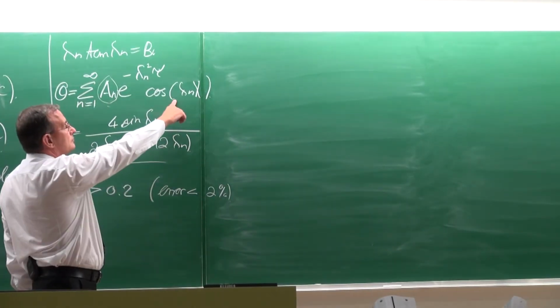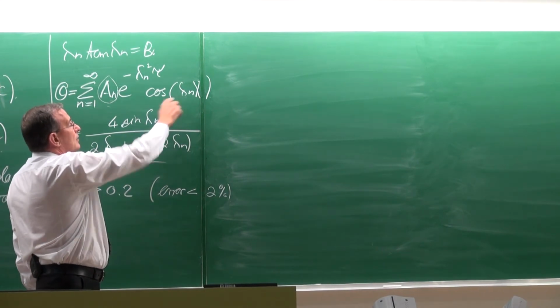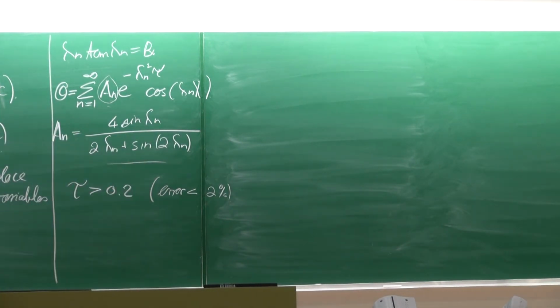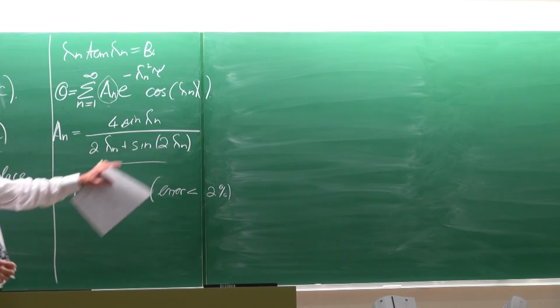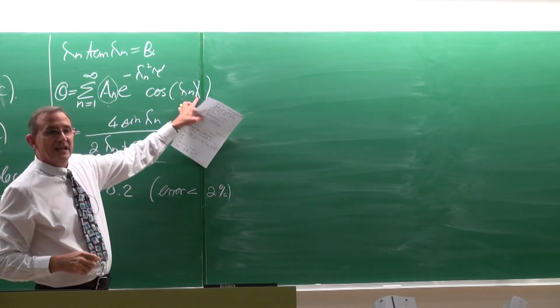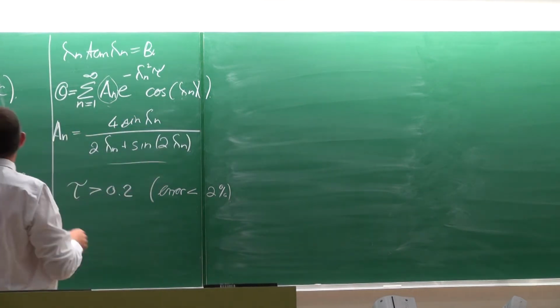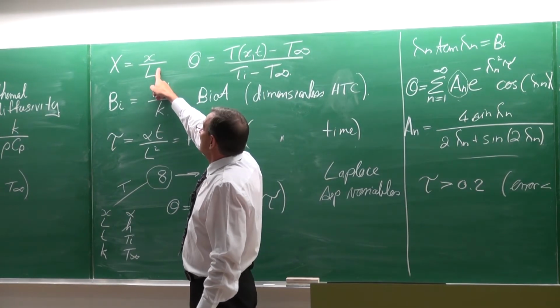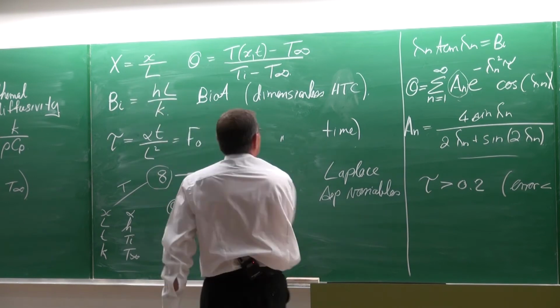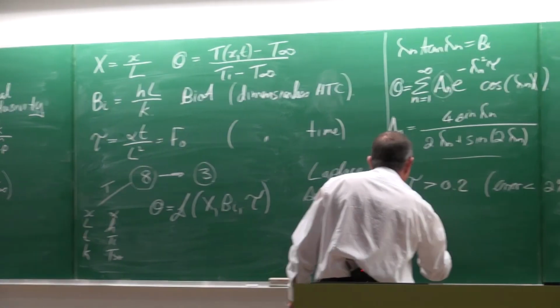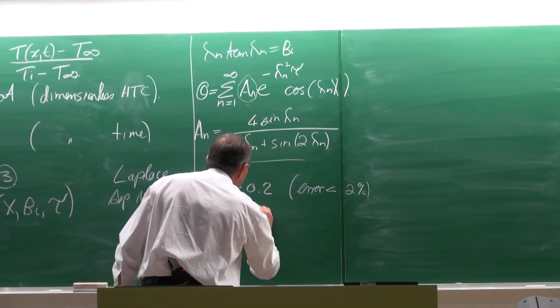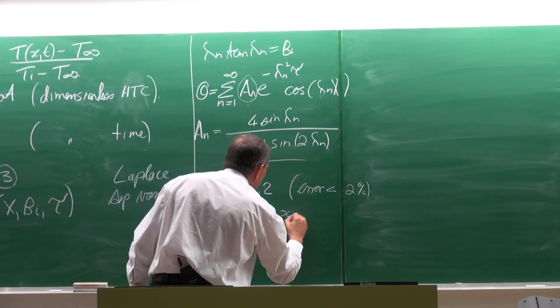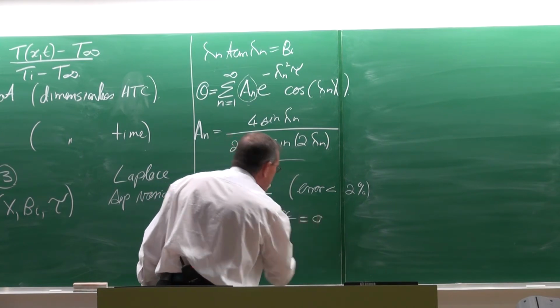If we look at this solution, for lambda it is lambda n x, and capital X is equal to x divided by L. So in the center, X, which is equal to x divided by L, is equal to 0.